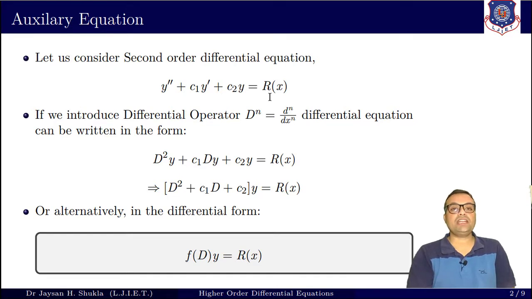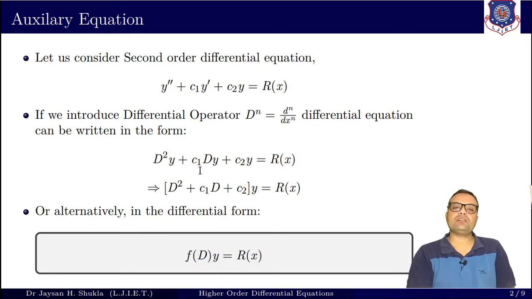Now, after defining the differential operator capital D as d by dx and D raised to n as d raised to n upon dx raised to n, we can convert any higher order differential equation into its equivalent differential operator form. That is D square y plus c1 D y plus c2 y equal to r of x.